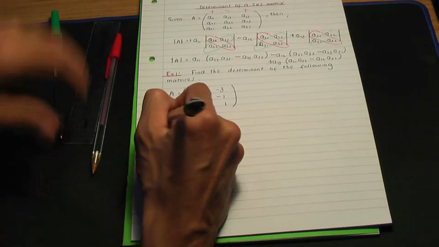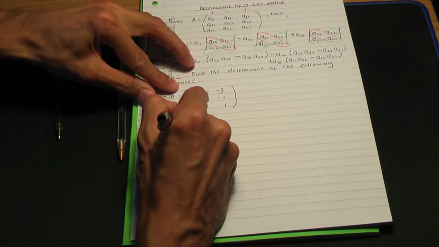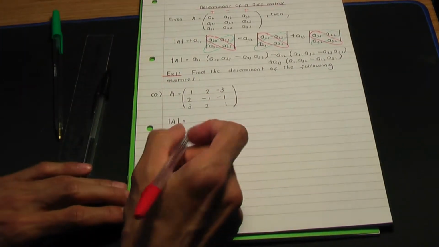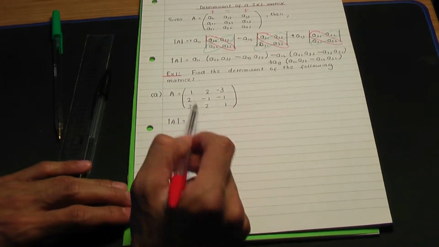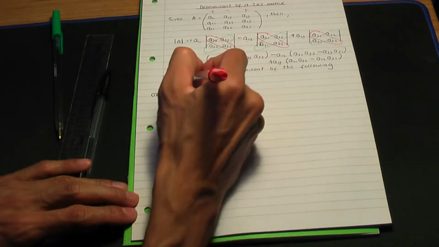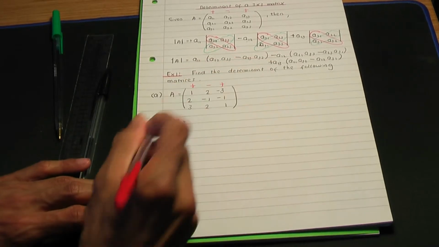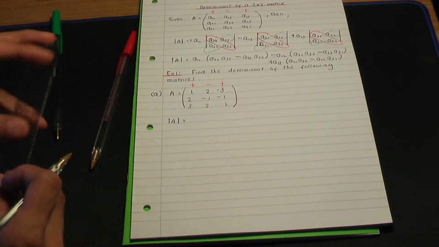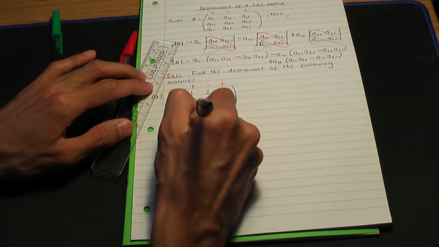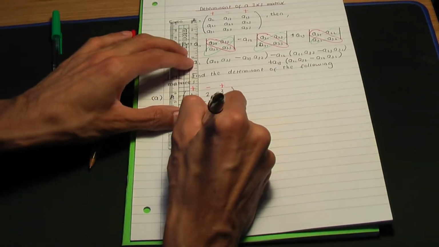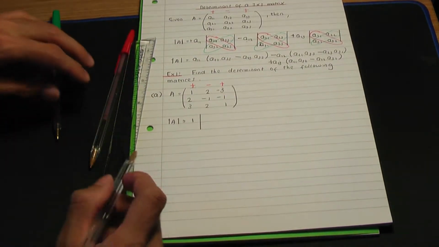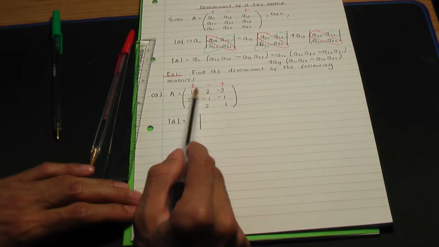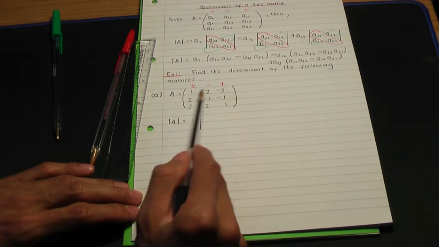So let's calculate the determinant of that matrix A. I like to expand using the first row, but as I said, you can use any row or any column and follow the same procedure. If I expand using the first row, the signs associated with the first row are plus, minus and plus. So if we expand, it's plus 1 multiplied by the 2x2 determinant, and remember the elements of that determinant are found by ignoring the row and the column involving that element.